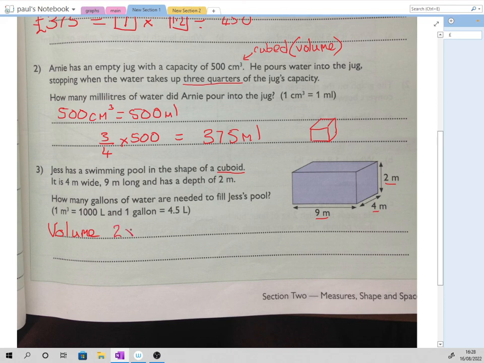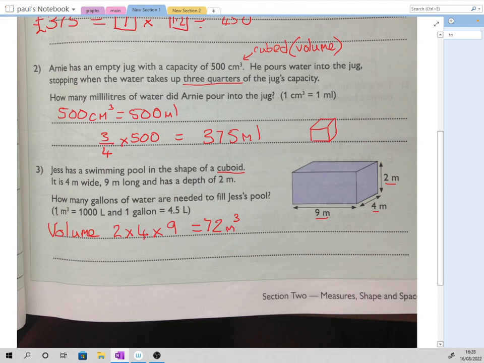So 2 times 4 times 9. So don't worry about this. All we're interested in is how to convert all of these things to end up with gallons. So 2 times 4 times 9 is 72. 72 what? 72 meters cubed, yeah, because it's volume.